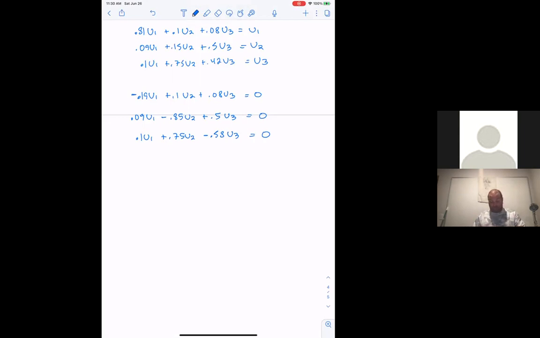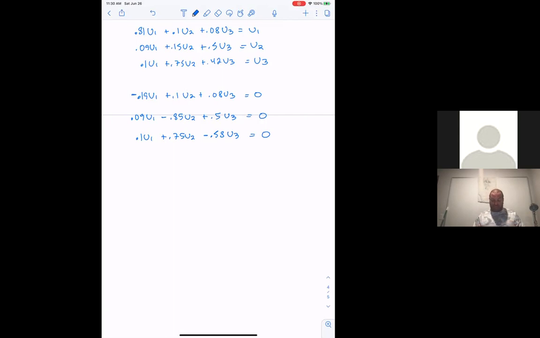But here's the problem. If you do that, then I can tell you in advance that the determinant of your matrix is going to be 0. If you try to take the inverse, it does not exist.